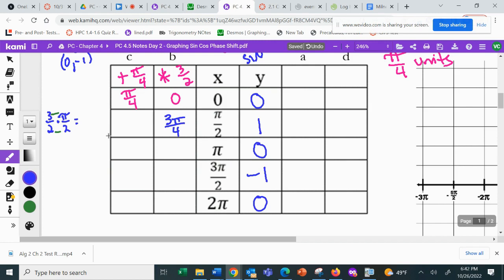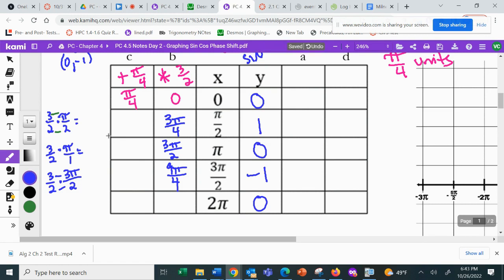Pi, I have to multiply pi by 3 over 2. If you're multiplying something that's not a fraction with a fraction, you got to put it over 1. Multiply straight across. We get 3 pi over 2. Then I've got 3 pi over 2 multiplied by 3 over 2. And we go straight across. 9 pi over 4.